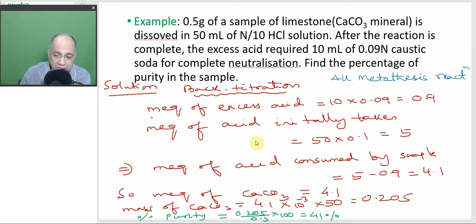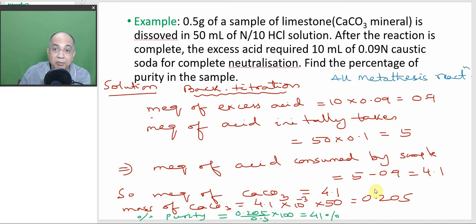Now the milliequivalents of acid initially taken is 50 into 1 by 10, that is 5. So 5 was initially taken and 0.9 has remained in excess, that you could estimate by a back titration experiment. Then what is the amount of acid consumed in the original reaction? That is 5 minus 0.9, 4.1.